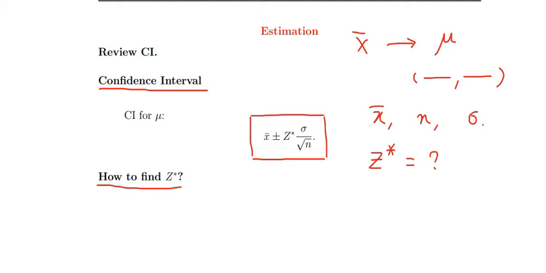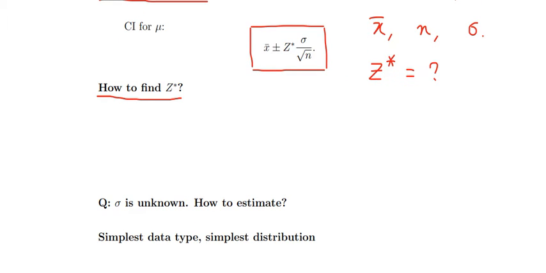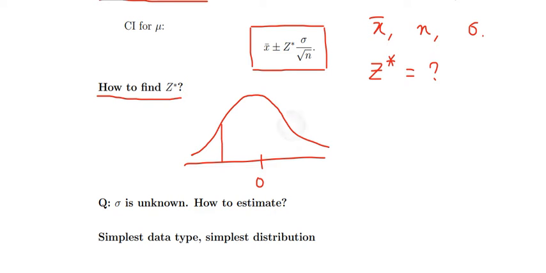So we say this z star is from the z table, the standard normal. Suppose we want to find, let's say, a 90% confidence interval.